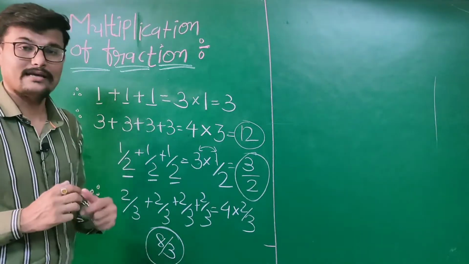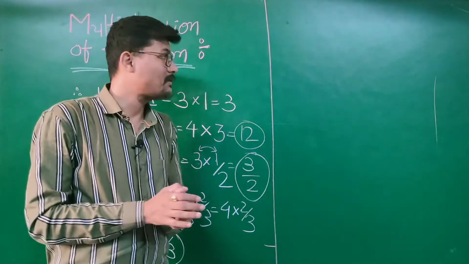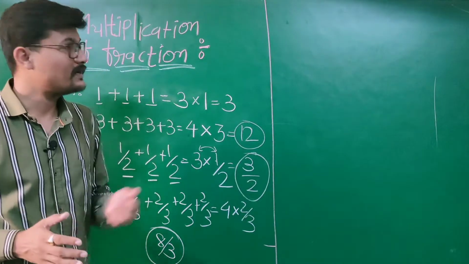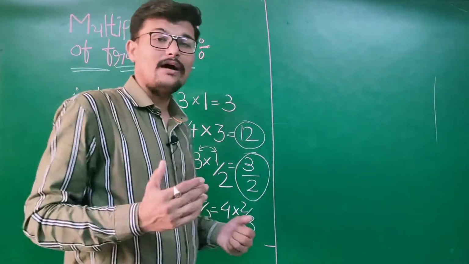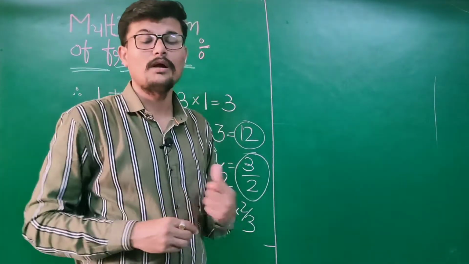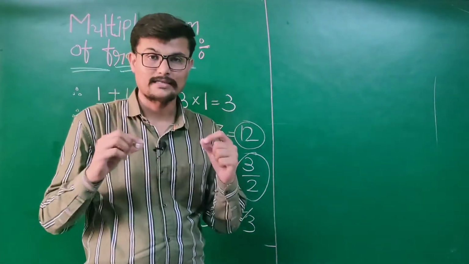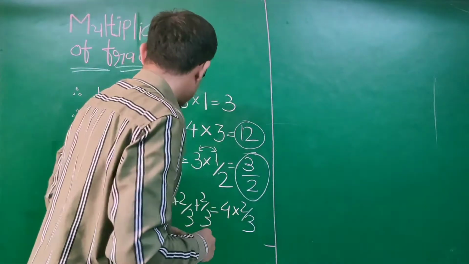I hope you know how to multiply it. Let's see. We are taking one more example, and we are taking so many examples and I'll show you and I'll solve your doubts of how to multiply a fraction. Yes students, so let's get ready.